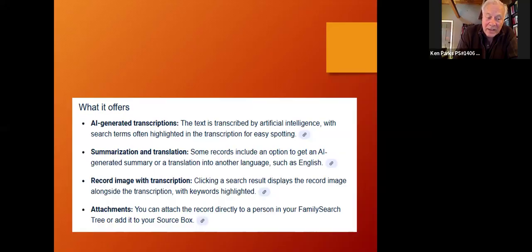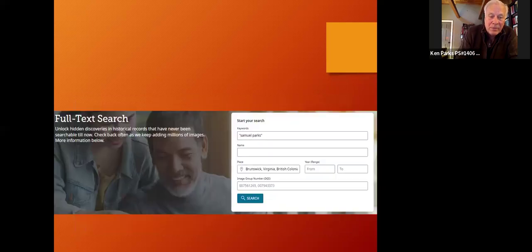You can also take advantage of attaching that record directly to someone in your family search tree if you have one, or adding it to your source box, neither of which I really do, but you can also download that information again to your computer. You can then upload it to your own family genealogy software program if you wish, or save it and use it in any way possible. So it makes it very, very handy for you.